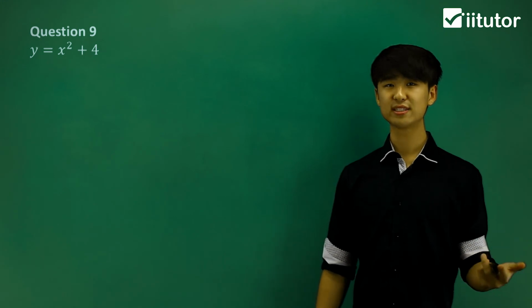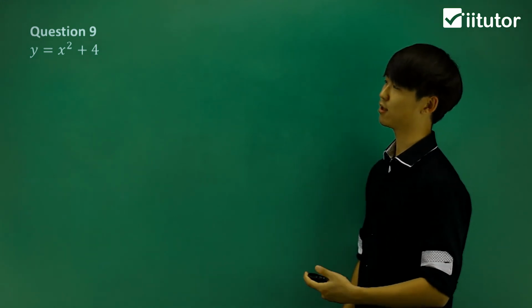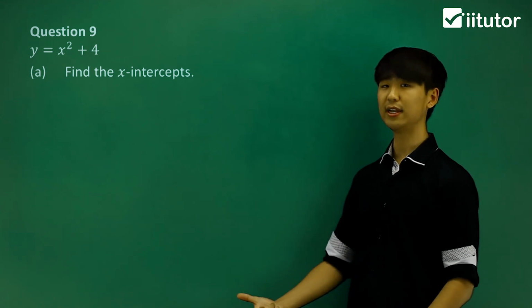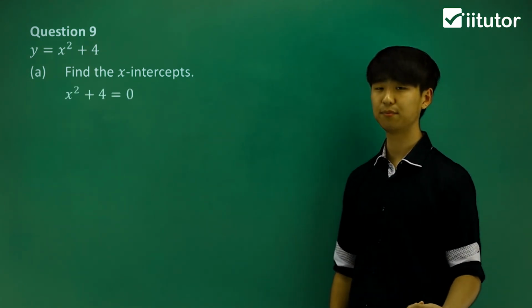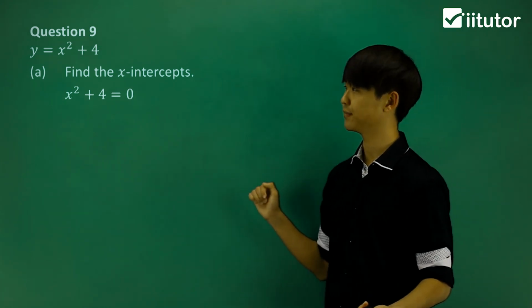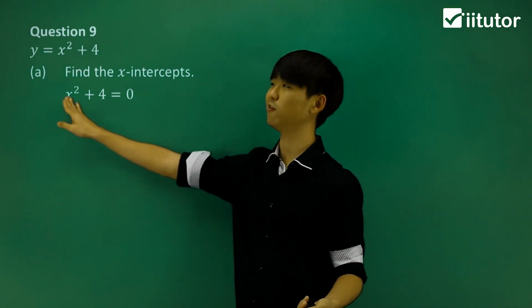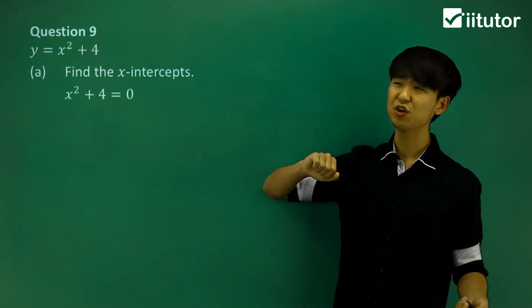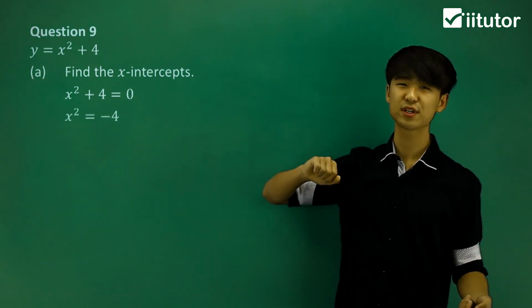Now y is equal to x squared plus 4. Let's take a look at this one. Finding the x-intercept first of all, we're going to make y equal to 0 and solve this quadratic. Solving this equation, we want to find x. We can't really factorize this as well. So what are we going to do? Well, we don't need to do that.